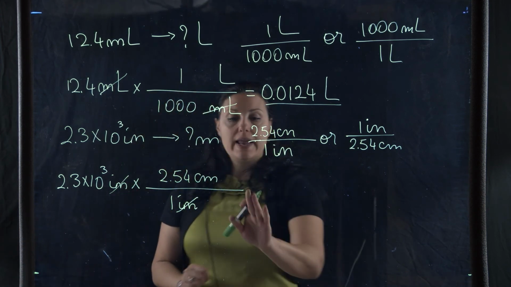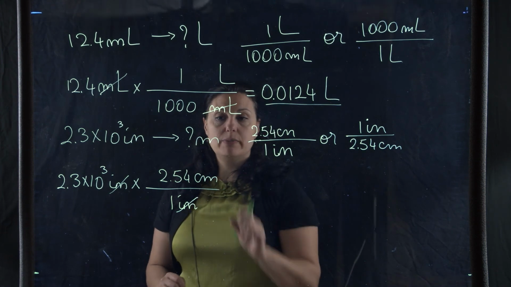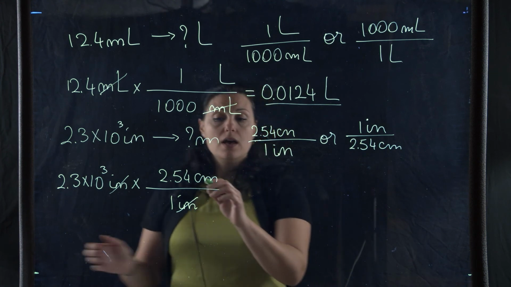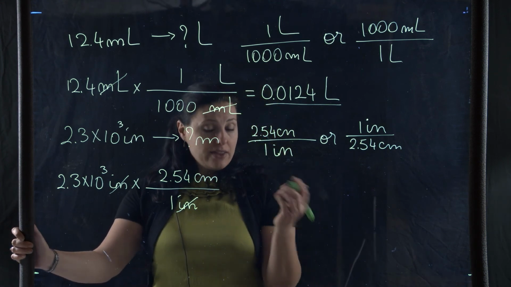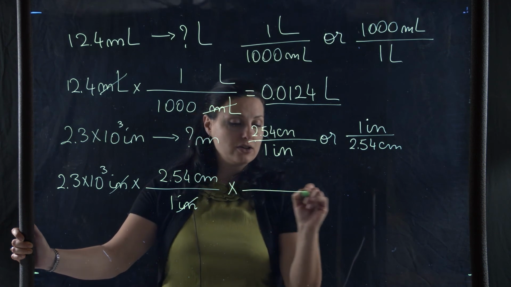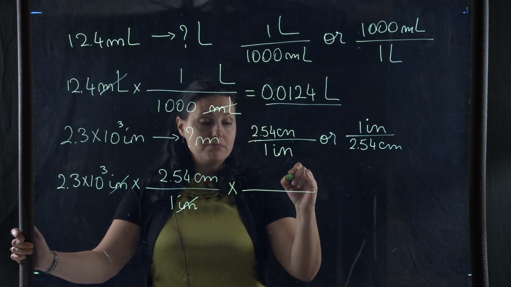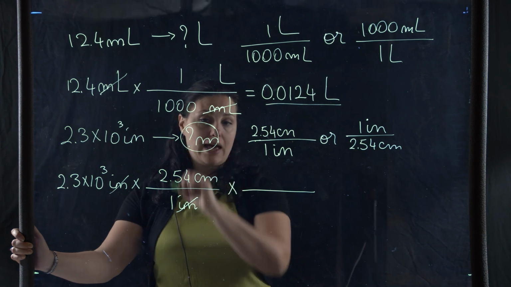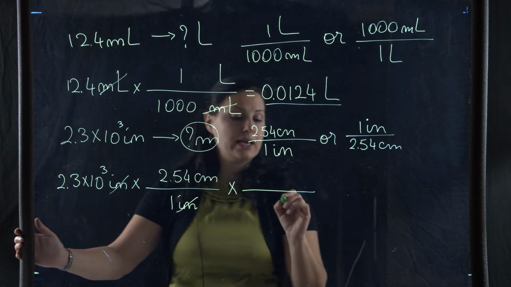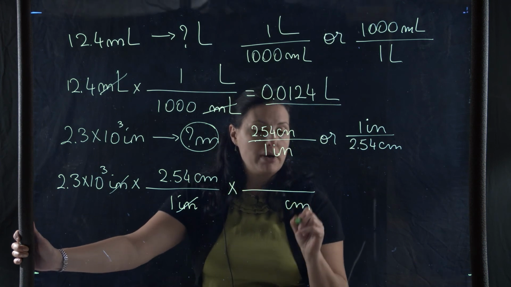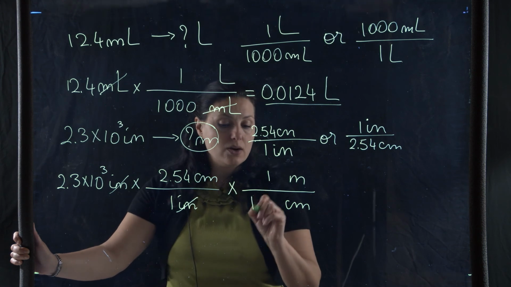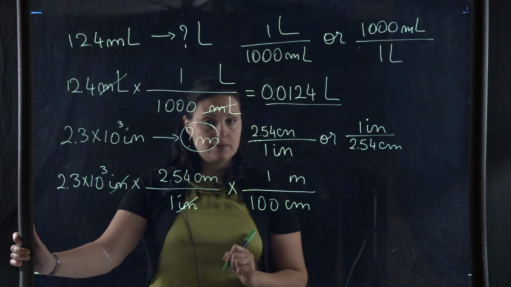Okay, now I have it in centimeters, but I want to convert it to meters because that's what the problem says. So I need another factor. I can multiply by another conversion factor where I want meters on the top because that's what I'm asked, and I want centimeters at the bottom because I want it to cancel. So centimeters at the bottom, meters at the top. 1 meter has 100 centimeters.